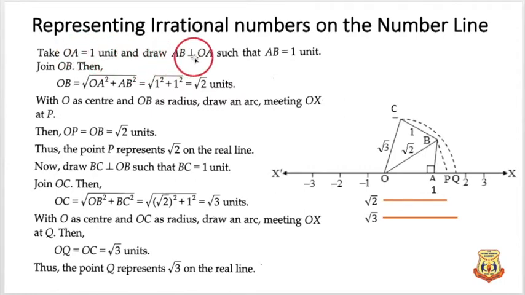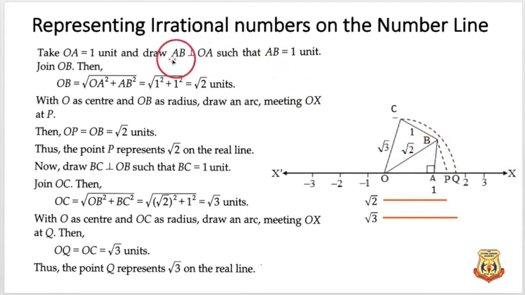Then draw AB perpendicular to OA. Though it is not looking like a perpendicular line, try to think that yes, it is perpendicular.